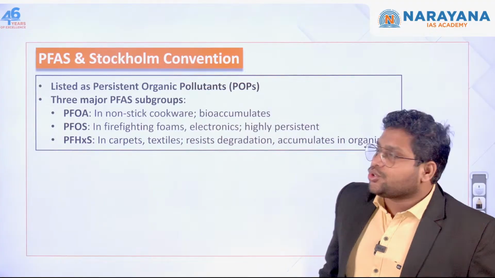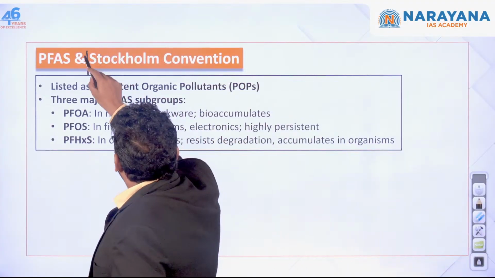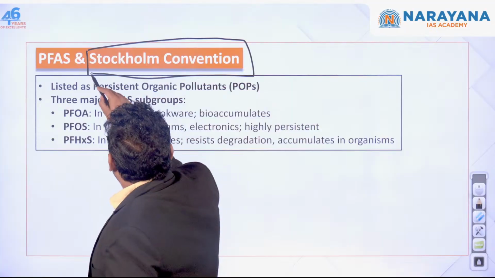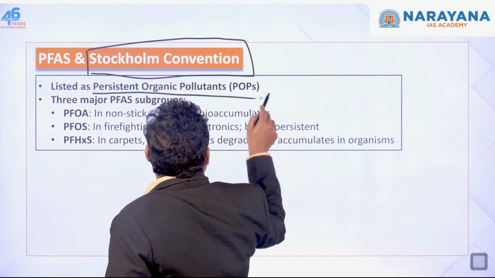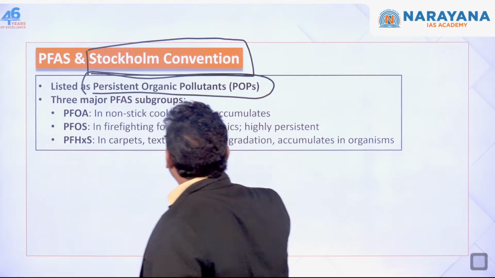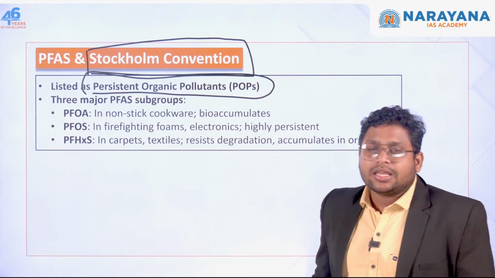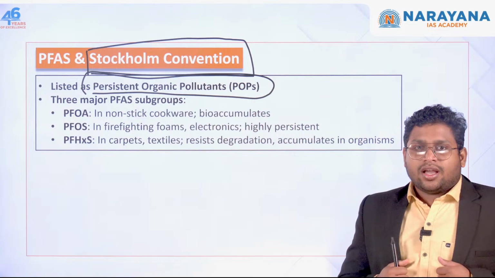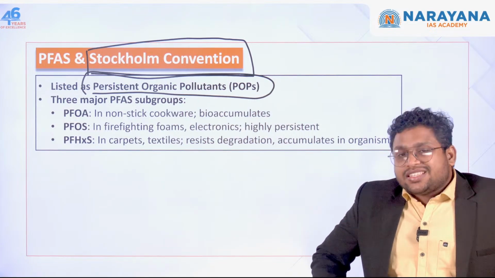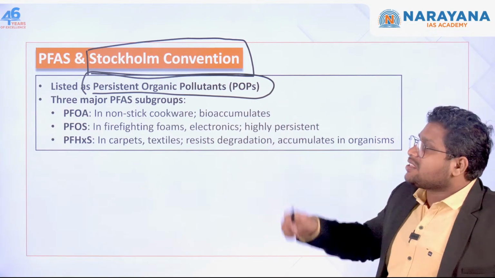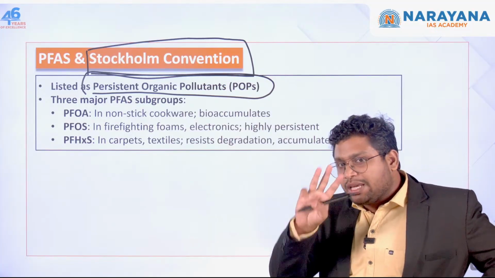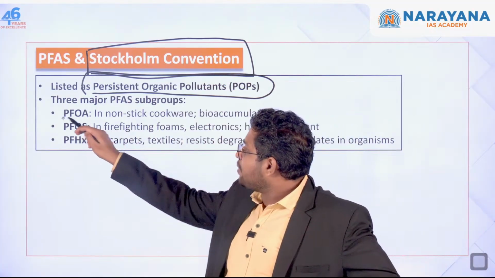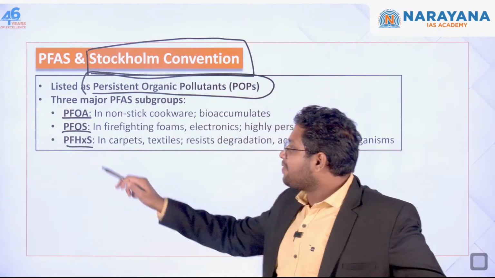Now you should know that we have something called the Stockholm Convention. Under this Stockholm Convention, we have marked some persistent organic pollutants. We are concerned about many persistent organic pollutants, and in this category, these PFAS are also mentioned. There are three PFAS: PFOA, PFOS, and PFHxS.